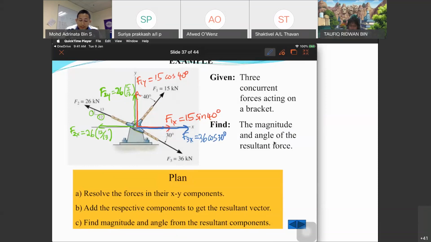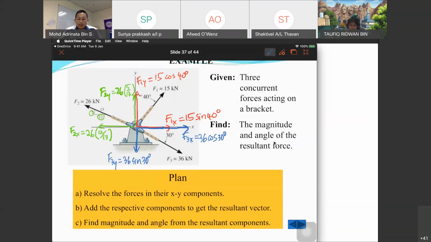And then we have F3y. F3y equals 36 sine 30 degree. Okay, so this is how we break our force.